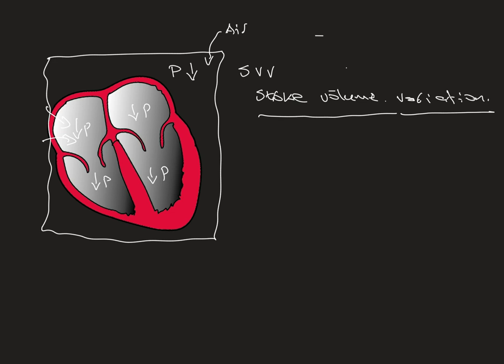So this is the stroke volume variation, and it's normally represented as a percentage. And what you're aiming to do is to try and keep that below 10%. If it's greater than 10%, then the patient might need more fluid to bring that number down. However, there's a caveat to this.